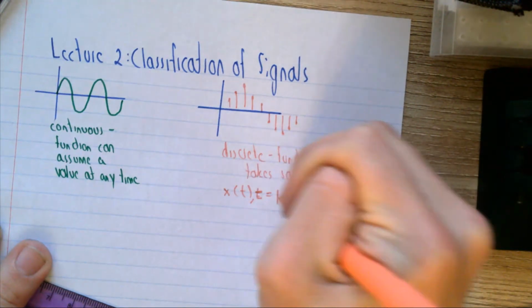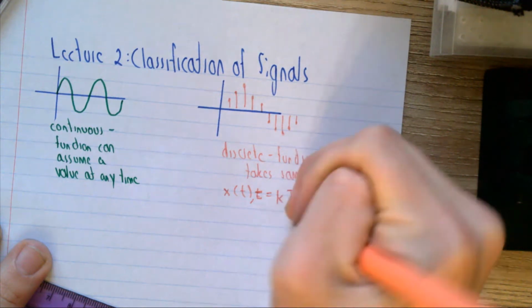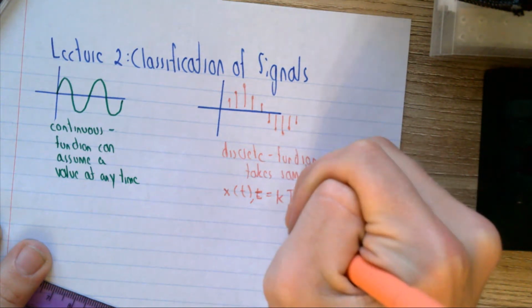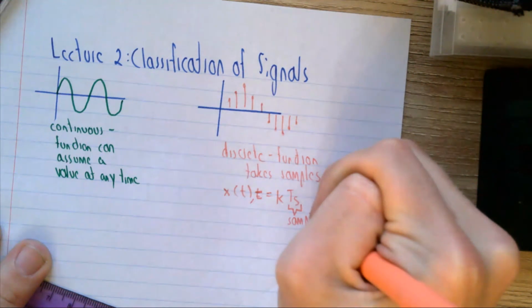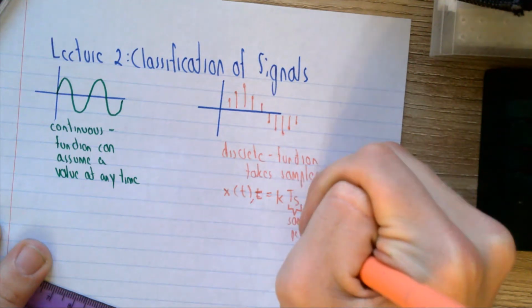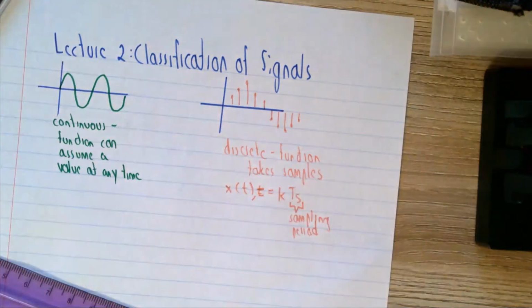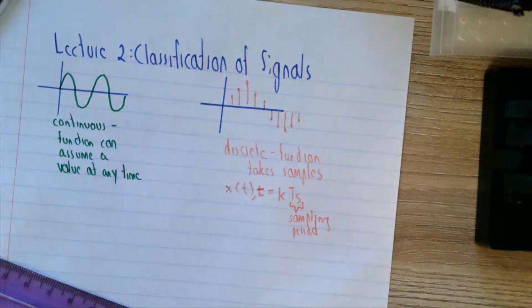And Ts here is our sampling period. So sampling period, that could be like you're taking a sample every hour for the weather, or basically it's just how often it is going to occur, how long is that period in between when you take each sample.